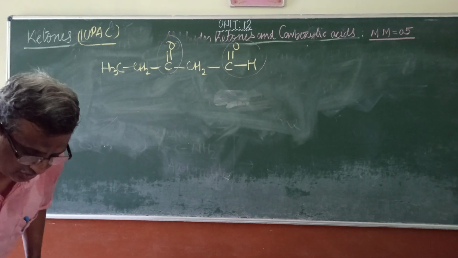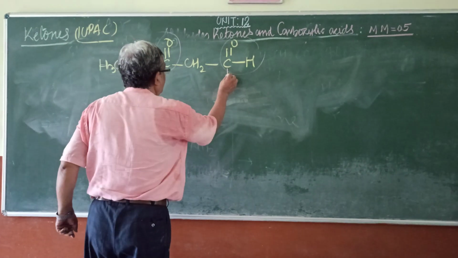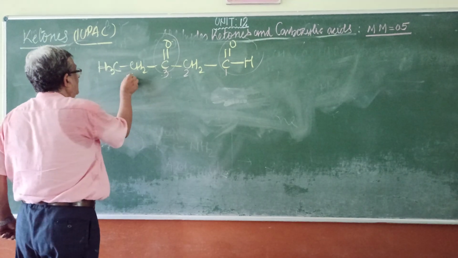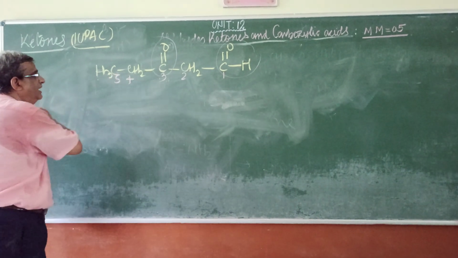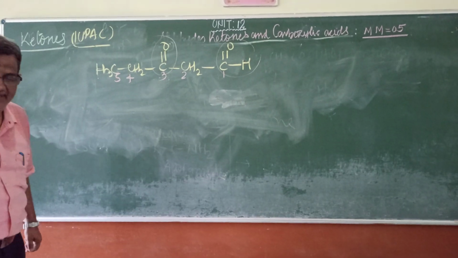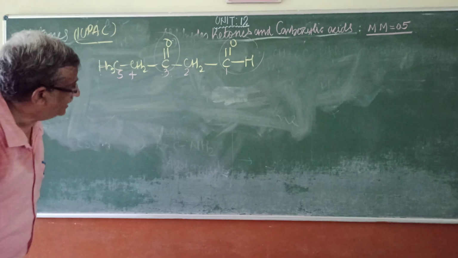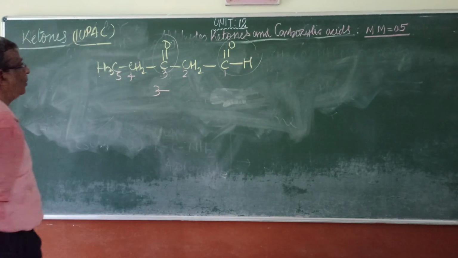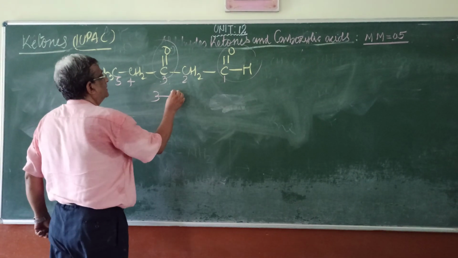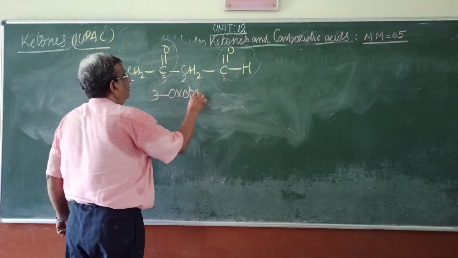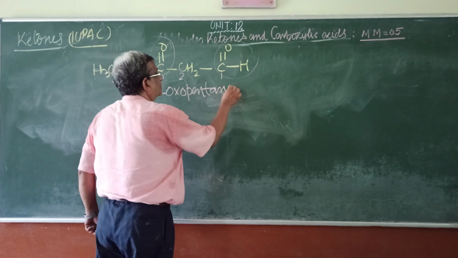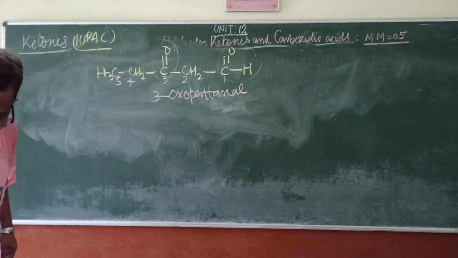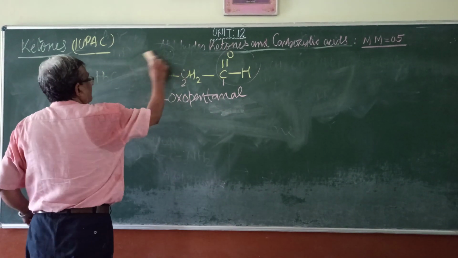So we number from this side, the aldehyde being senior, 1, 2, 3, 4 and 5. Now, how do you write its name? It becomes 3-oxopentanal.